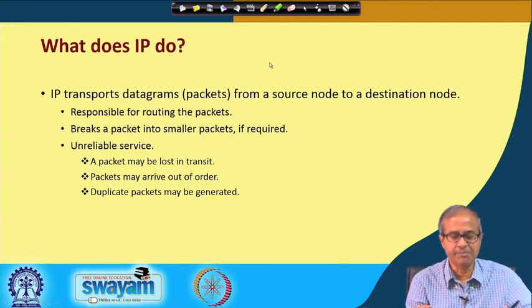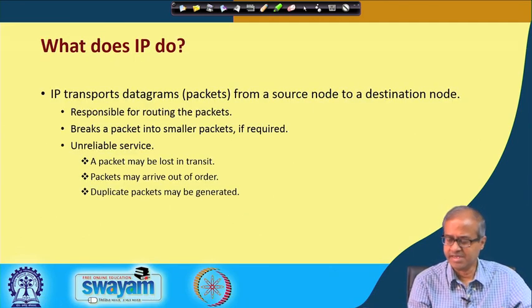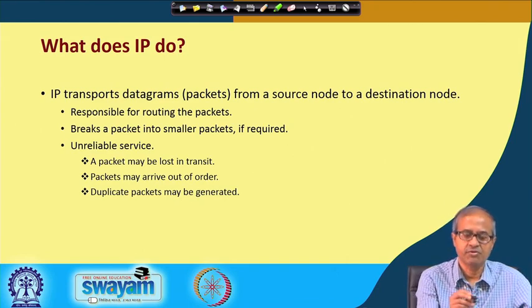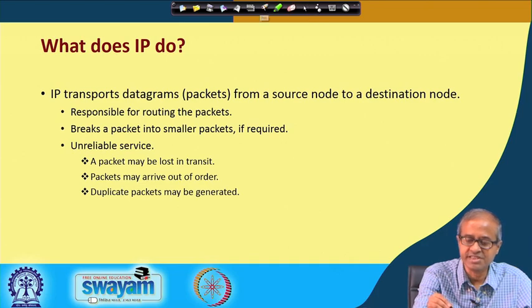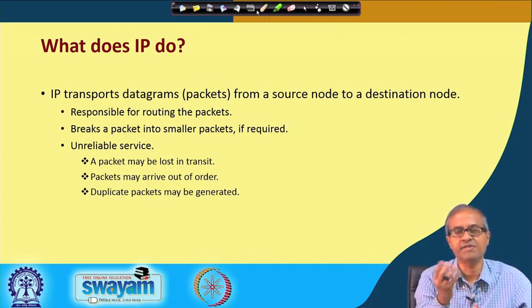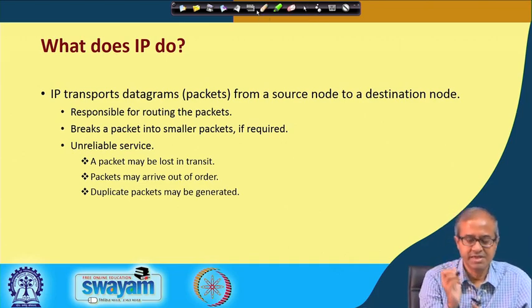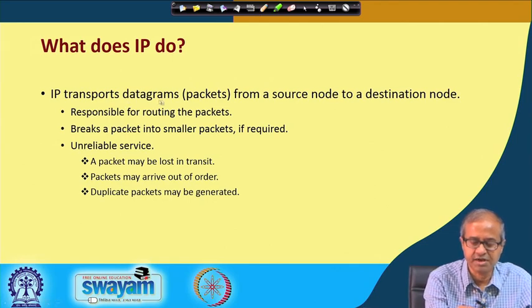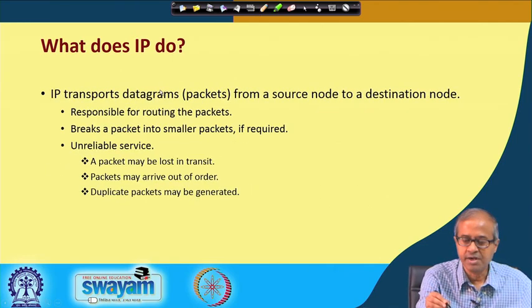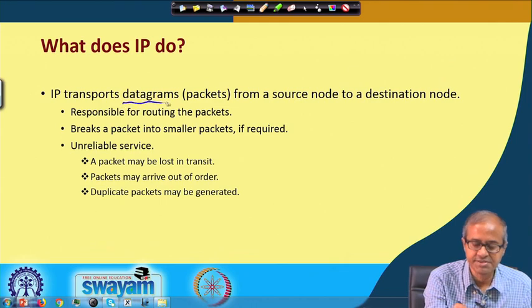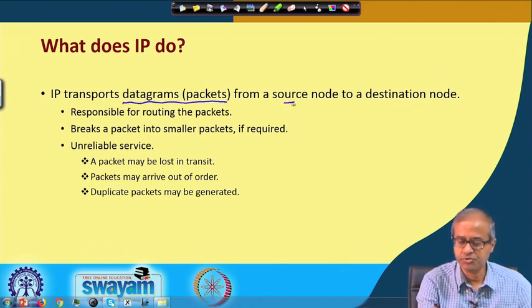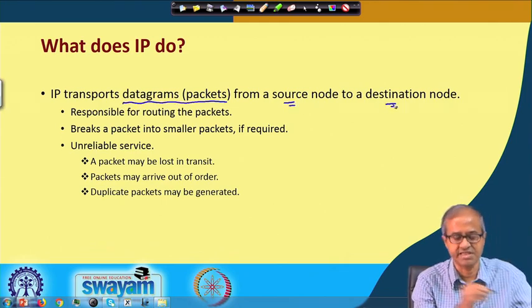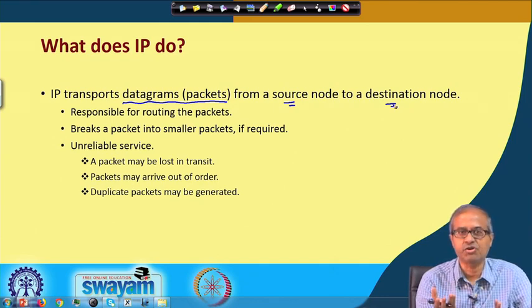Now, very briefly, let us look at the functionality. What does IP do? IP is responsible for routing of the packets or the datagrams. It transports datagrams or packets from a source to a destination. This is called routing.